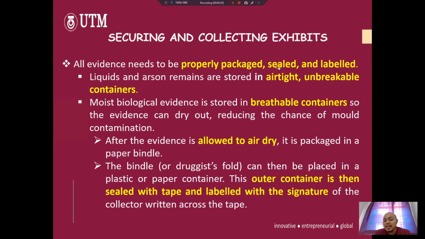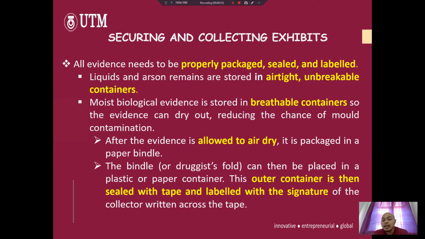We need to seal it so we will not lose the evidence. When we seal, that is when the chain of custody begins. And then we need a proper label, which is what we can relate to the victim and the case.